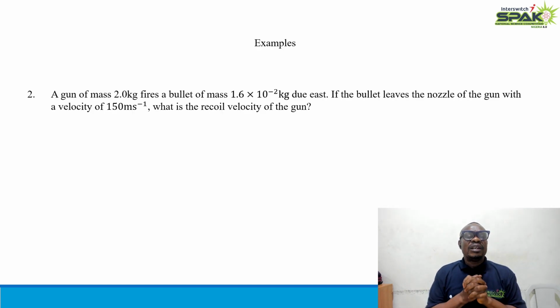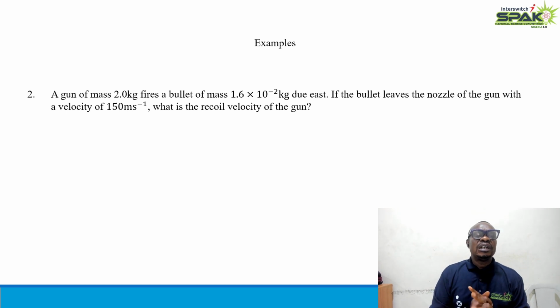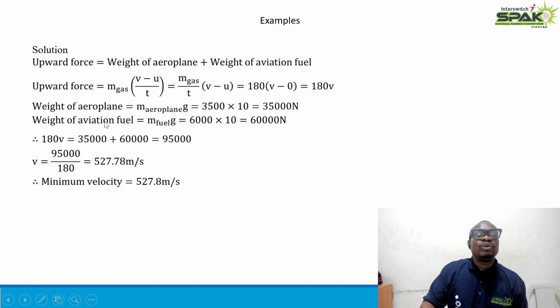Okay, fine. First and foremost, you have to note that the upward force, which we have here, is equal to the weight of the aeroplane and the weight of the aviation fuel. But how can we obtain the upward force? Okay, we have that force, of course, is the rate of change of momentum with time.